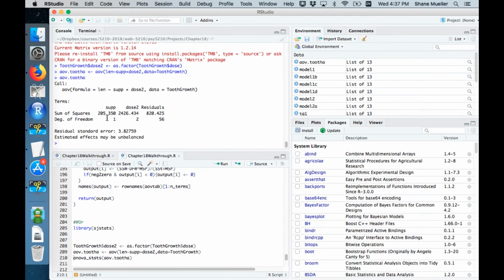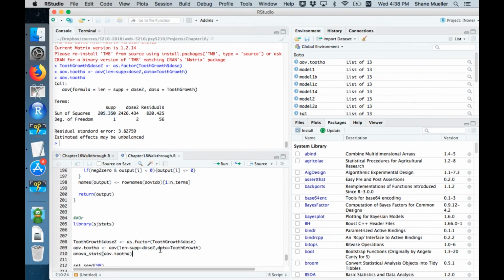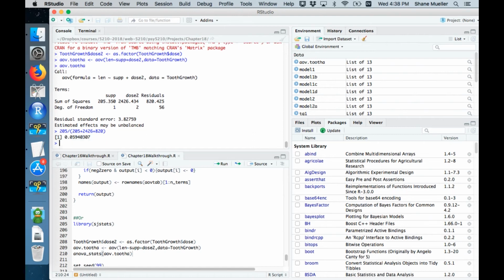If we wanted to compute eta for supplement, it would be 205 divided by 205 plus 2426 plus 820. That should be about 0.059.